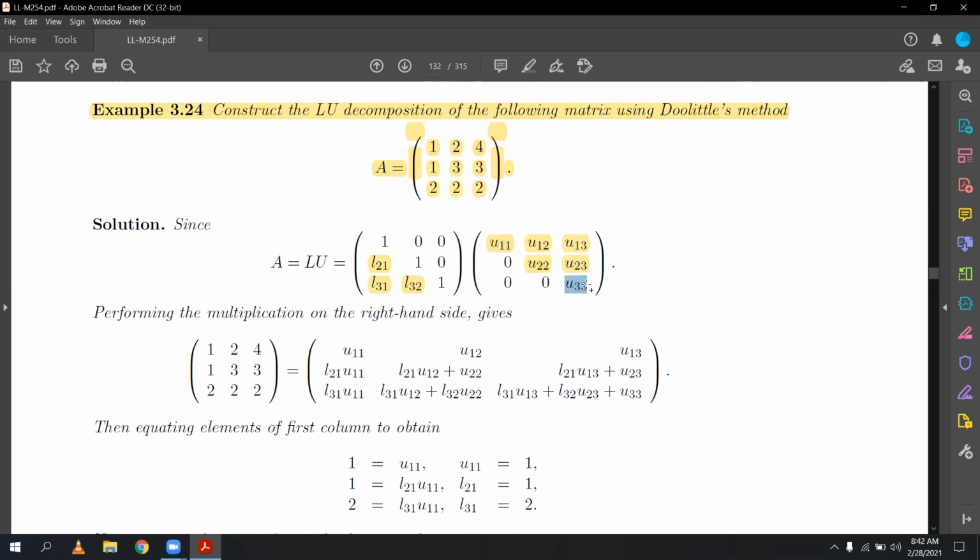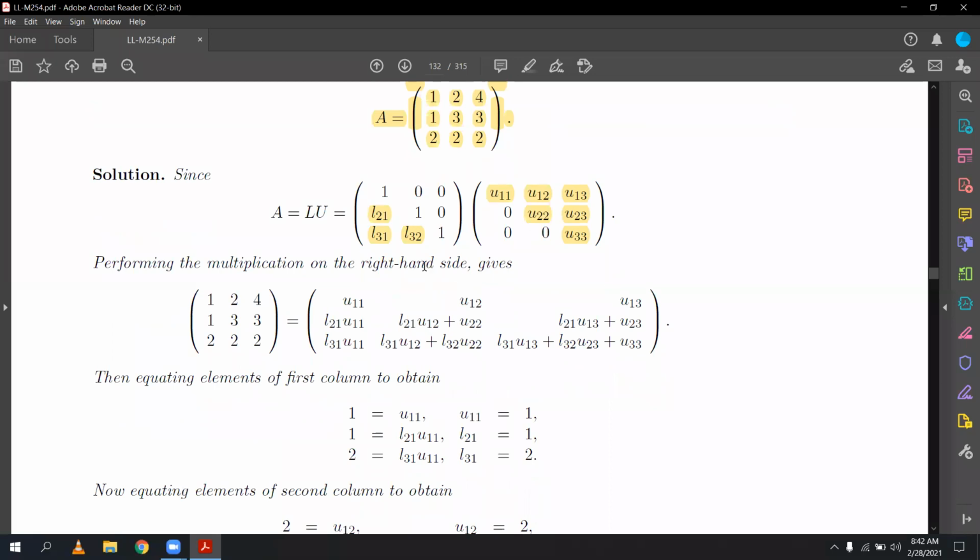So we have to find 9 elements: 3 from here and 6 from here. And then you have to multiply them together. And here, if you make a small mistake in the multiplication, everything goes wrong.